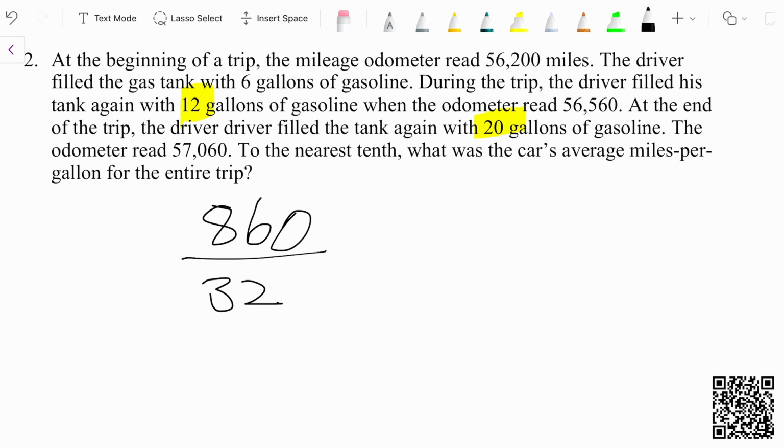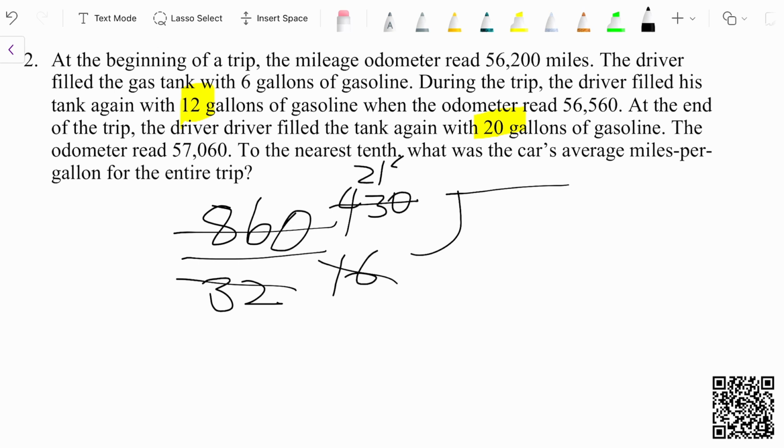Since we're going to divide to find the average miles per gallon, we can simplify first. Simplify by 4, 215 over 8. So we're dividing 215 by 8 just to make the job easier.